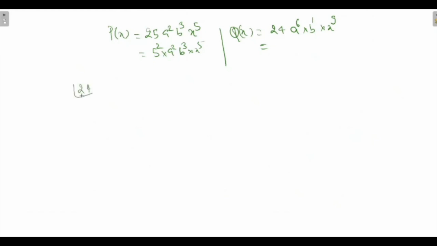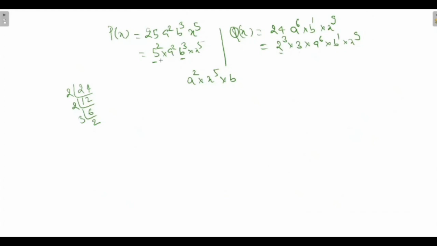Try 2. What will I get here? If I divide it by 2, then let's come back to the number. 5 square here, there is no 5 square here. 2 cube, there is no factor of 2 over here. 3, there is no factor of 3 over here.